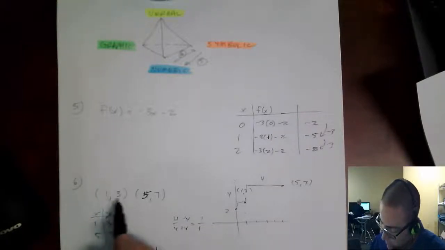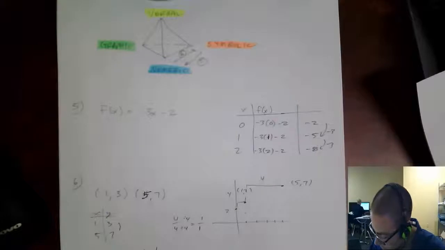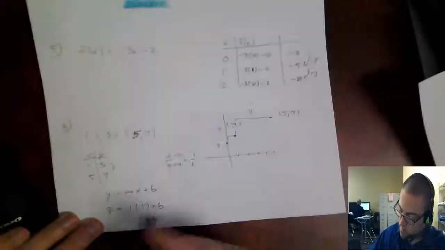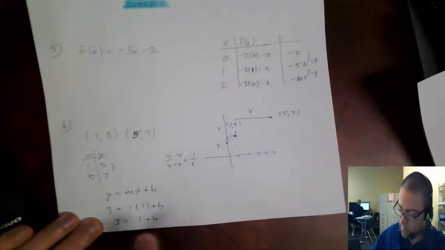So how about I plug in the first point? When y is 3, x is 1, and my slope I figured was 1, plus b. So I could figure out that b. 1 times 1 is 1, so what number do I add to 1 to get 3? That's a 2, right?